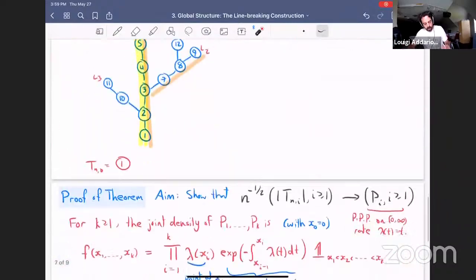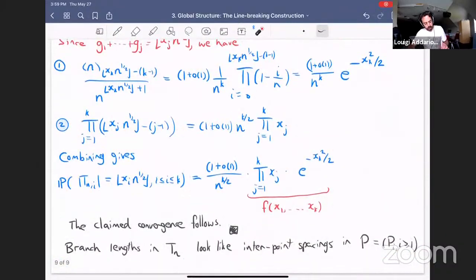So now you just have to ask what happens if you ask for the probability that Tn1 is at most y1 n to the half and Tn2 is at most y2 n to the half and so on. Then you're summing over a region whose volume is of order n to the k over 2. And so that's a Riemann approximation of this integral on a mesh size of n to the minus a half in k dimensions.